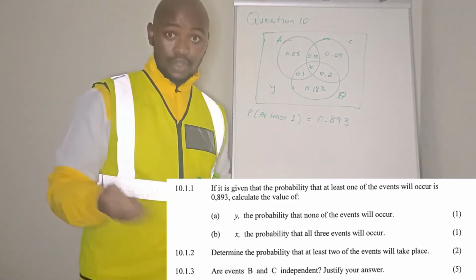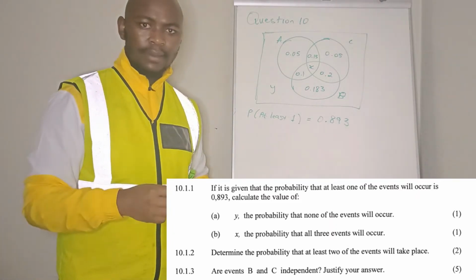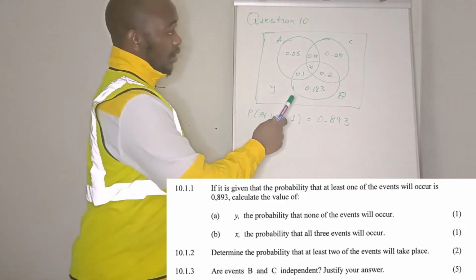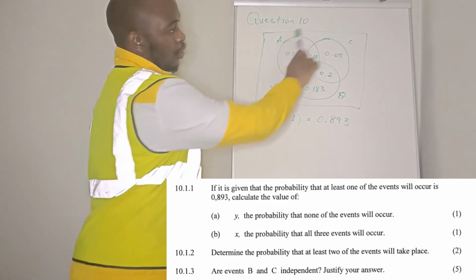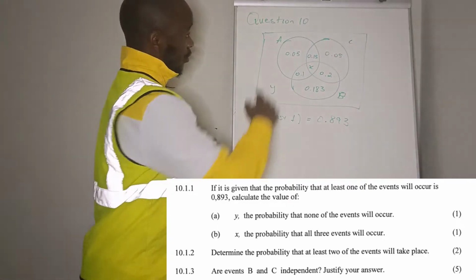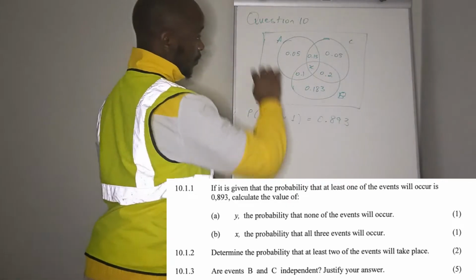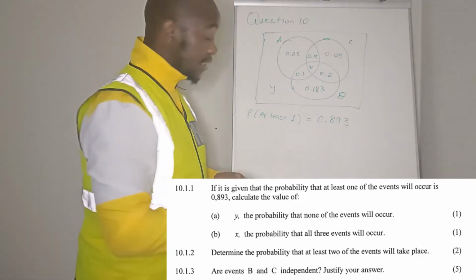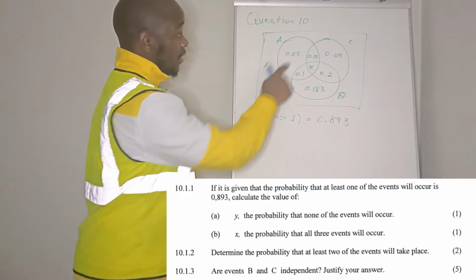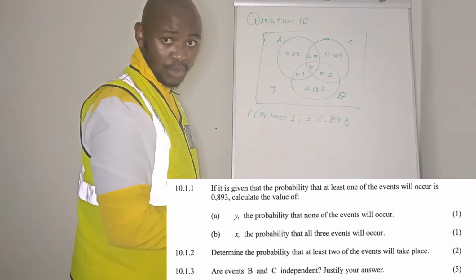So we should all know the general rules of a Venn diagram. If we look at this box, we call it a sample space. It has different events. This is also an event. A is also an event, and so on.